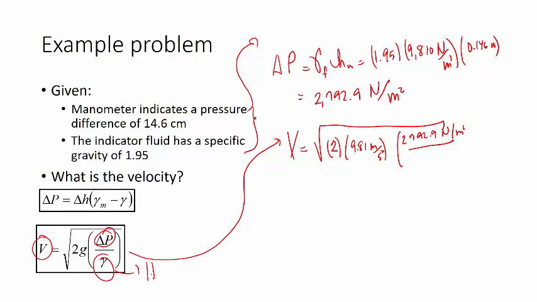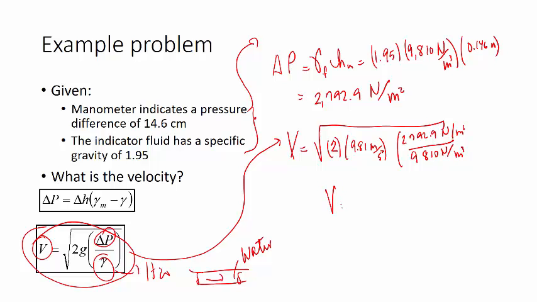This is for water because the velocity here refers to the pipe and the water in the pipe. So it's 9,810 newtons per cubic meter. So the velocity is 2.36 meters per second.